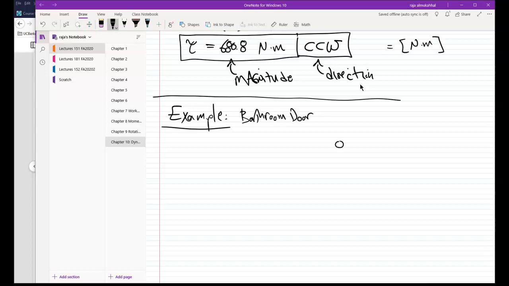It looks a little bit different from the one I did just a minute ago. Here is the door. Remember, it's a top view, guys. Here is the hinge right here, and here is the doorknob.